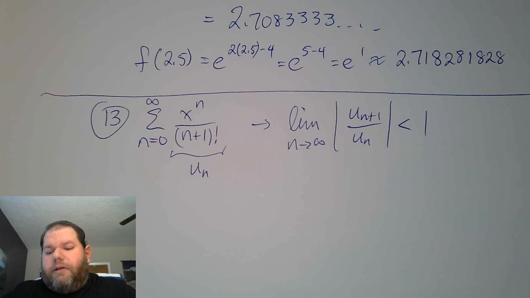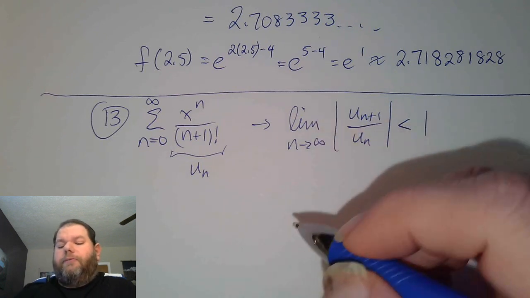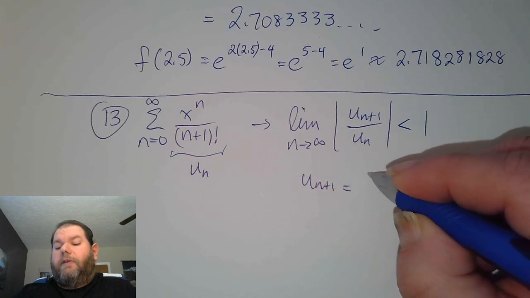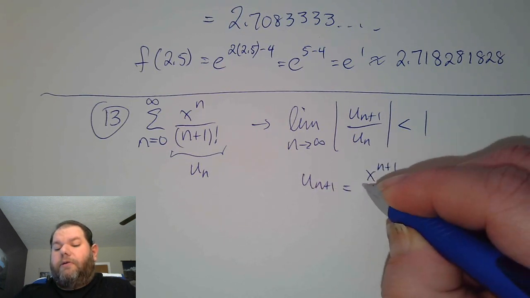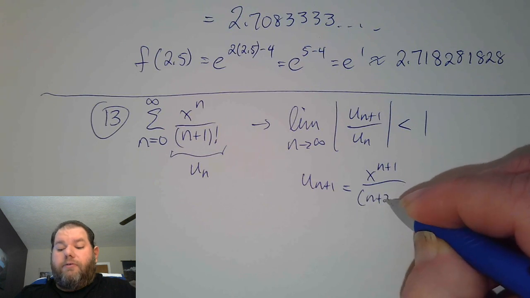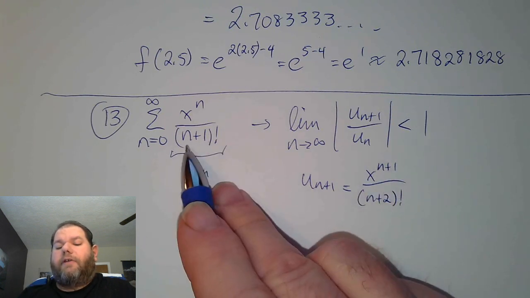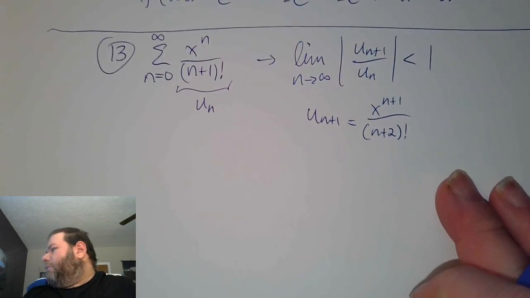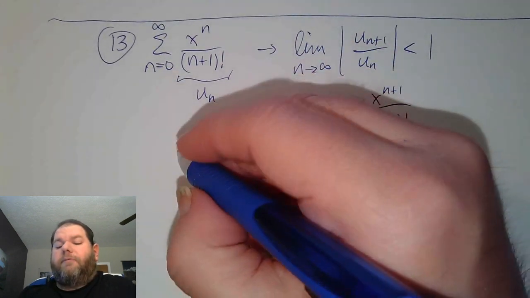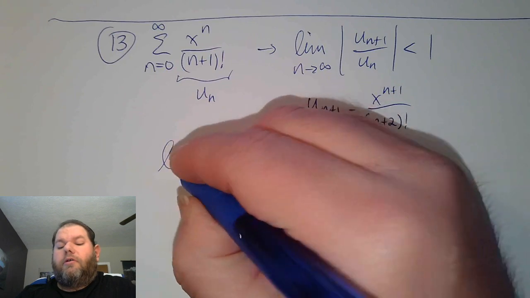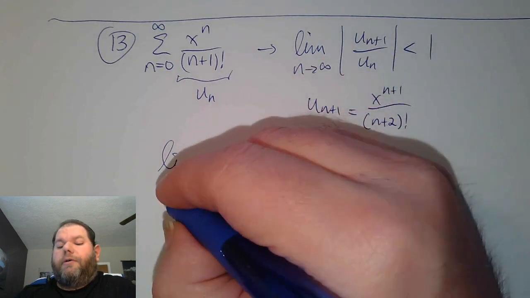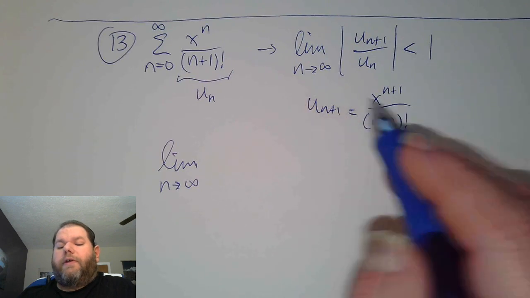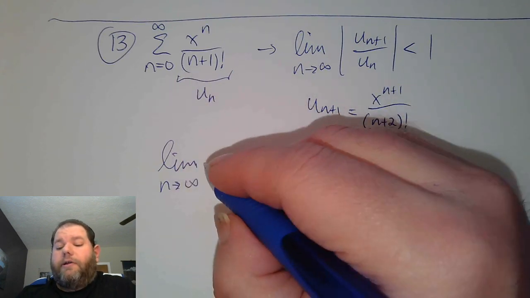Moving right along. So u sub n plus 1 is going to be x to the n plus 1 over n plus 2 factorial. That just adds an extra 1 to that. And so, similar to how we did the ratio test problems before, we'll do u sub n plus 1 times the reciprocal of u sub n.